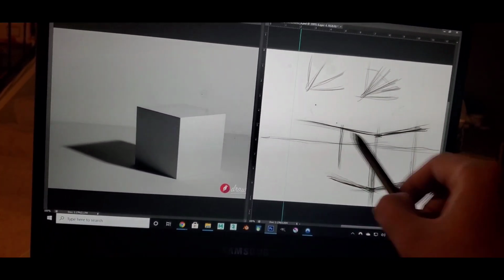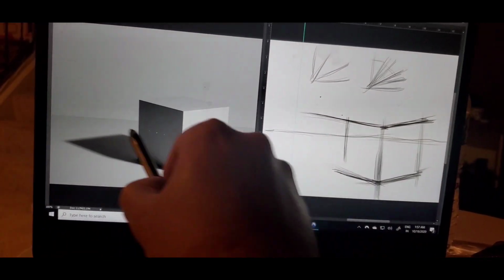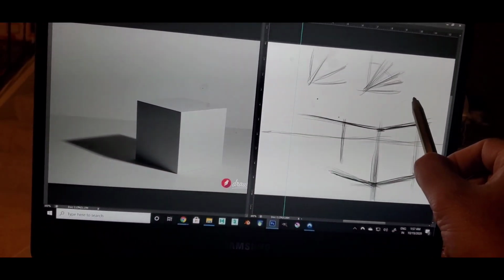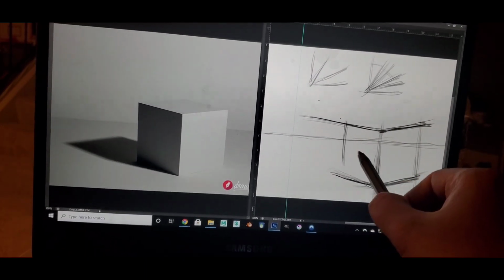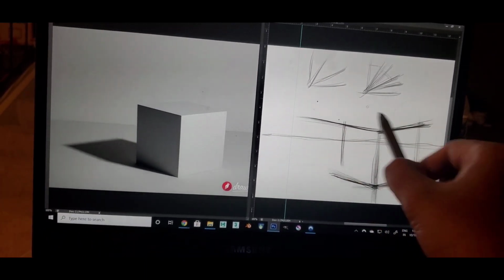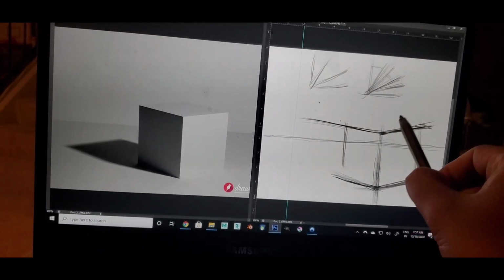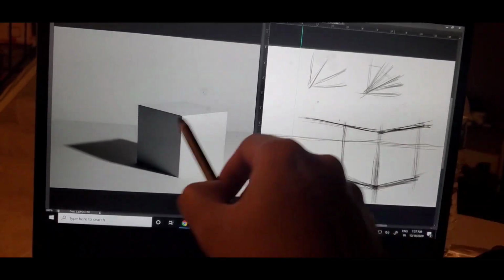So I got this angle, but I'm still not sure whether this distance is correct or not. Okay, because if it's not correct, then the top plane will go wrong, and this will look like a cube but not the same as this one.